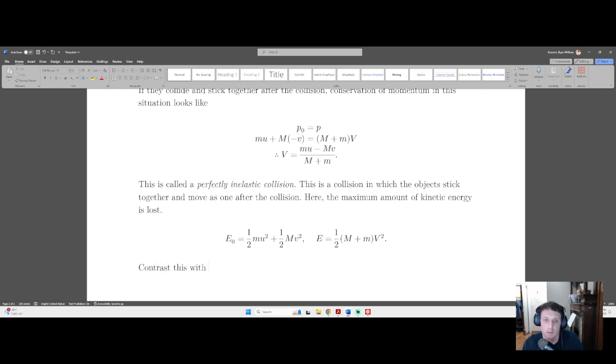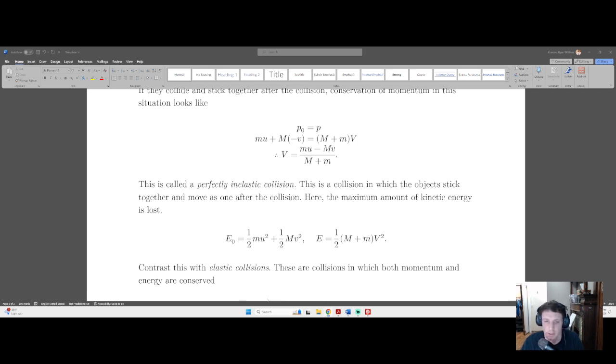elastic collisions. So I'll just say elastic collisions. And I'll say these are collisions in which both momentum and energy are conserved. Again, let me just fact check myself here, because I want to make sure that this is the typical. Yeah, okay, this is true. It's not like we have to say perfectly elastic or anything like that.